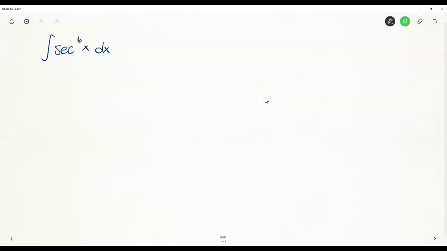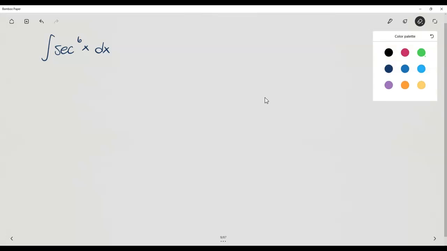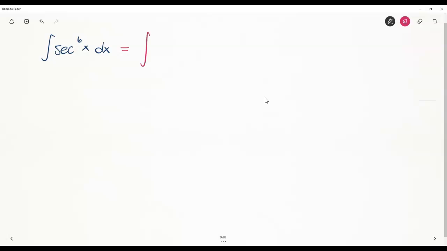Okay, I have an even power of secant. Now, I don't have a tangent here, but that doesn't matter. If I have an even factor of secant, then I'm going to write this as secant to the 4th of x times secant squared.